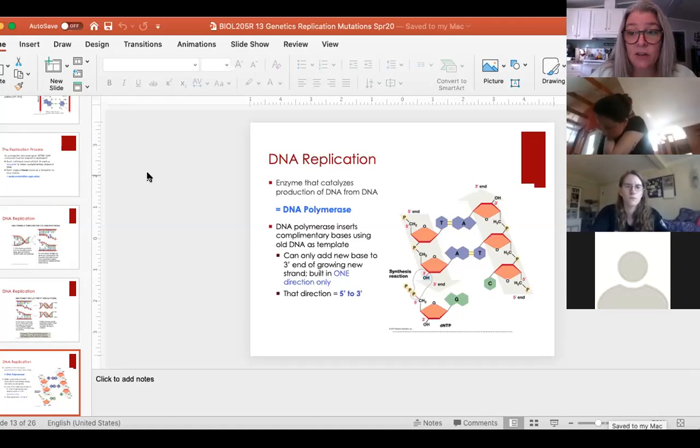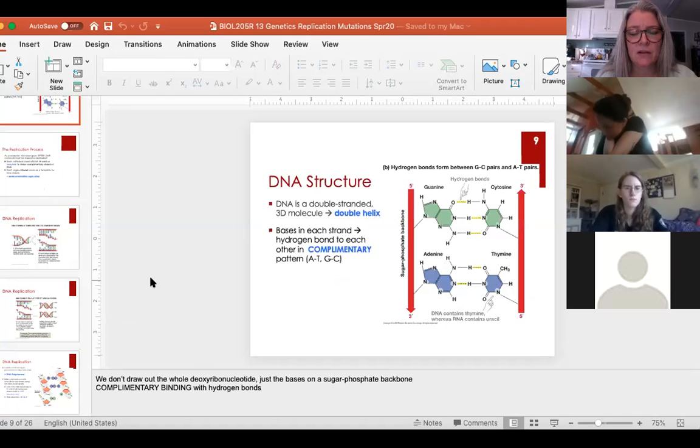It can only add new nucleotides, new bases, onto the end where the 3' carbon is. And that's important because, remember, the two strands of DNA are anti-parallel to each other. That's the other term we talked about. One strand is oriented in one direction and one strand is oriented in the other direction.